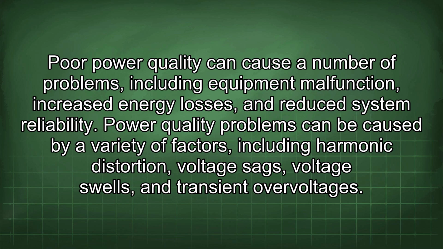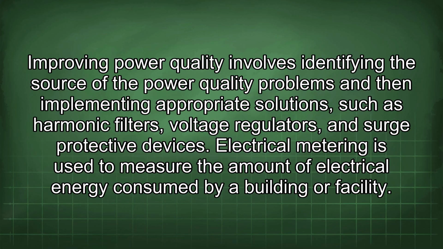Power quality problems can be caused by a variety of factors, including harmonic distortion, voltage sags, voltage swells, and transient overvoltages. Improving power quality involves identifying the source of the power quality problems and then implementing appropriate solutions, such as harmonic filters, voltage regulators, and surge protective devices.